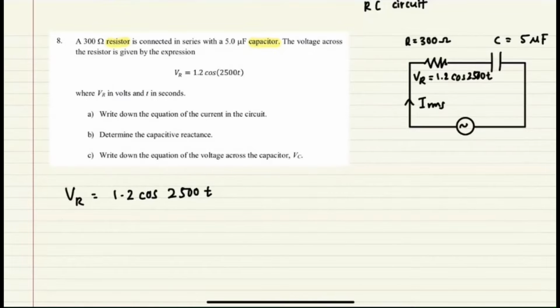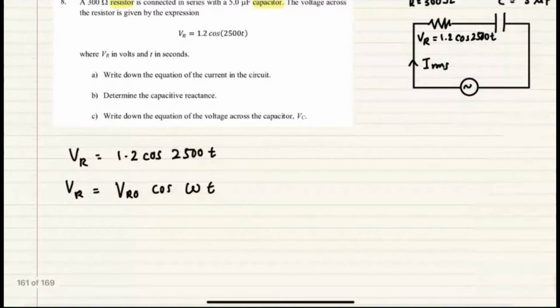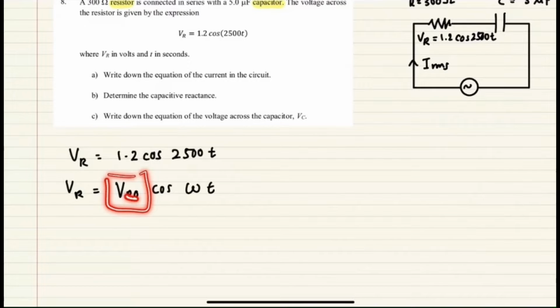Basically, I have to compare with the general equation of VR equals VR naught cos omega t. This VR naught is the peak voltage across the resistor.